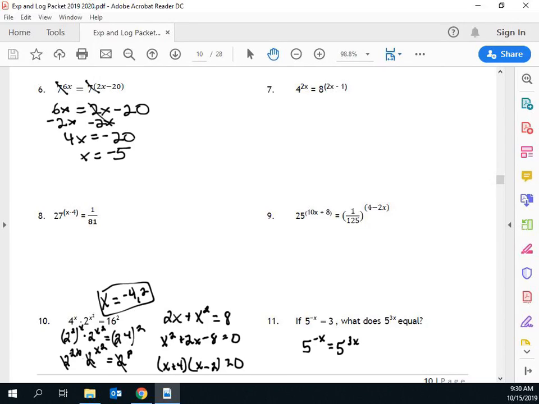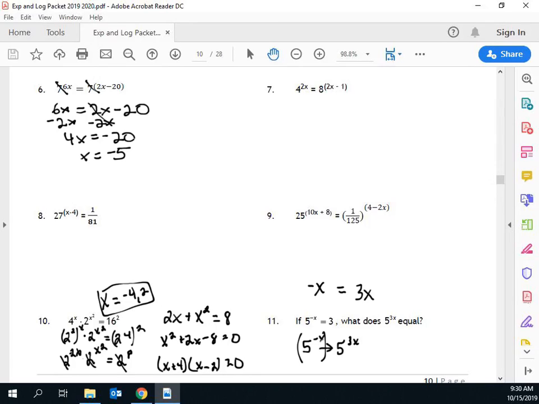What do we do to make that happen? What stuff did we do to make it go from negative x to positive 3x? What did I do to this equation right here to turn it into positive 3x? What do I do with this in order for it to equal 3x?